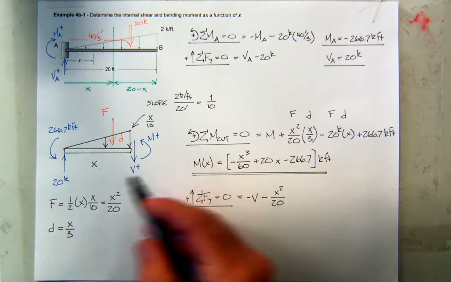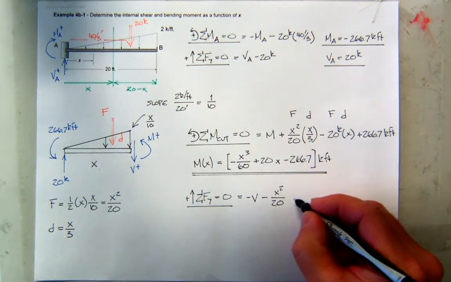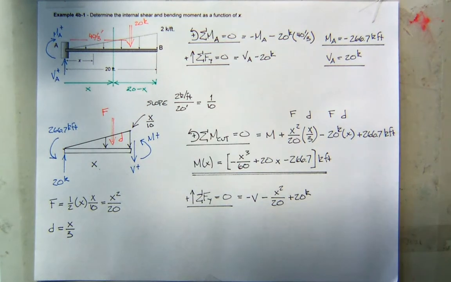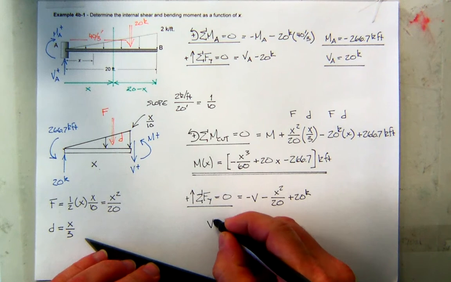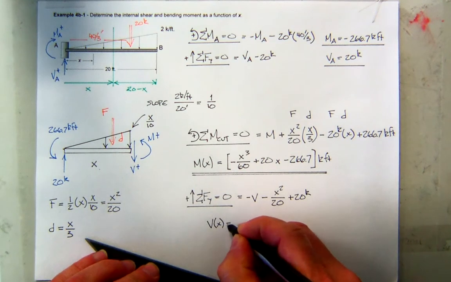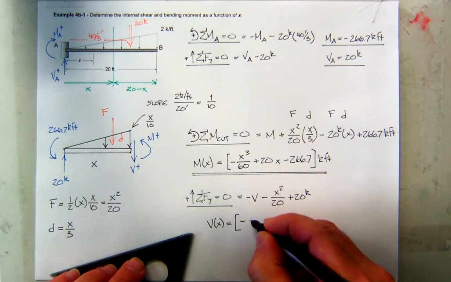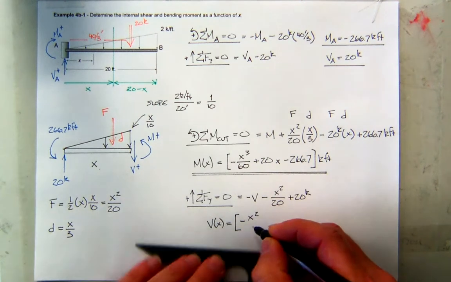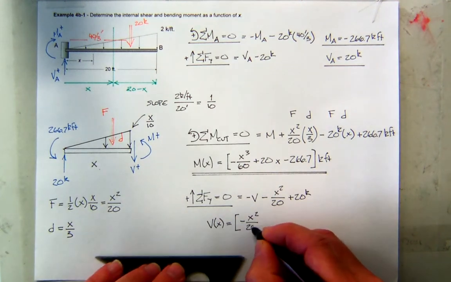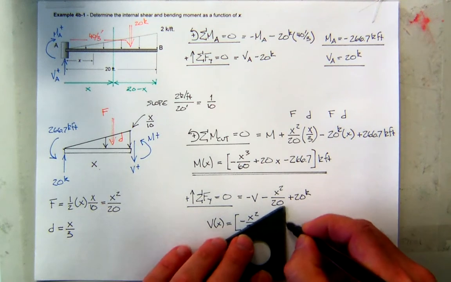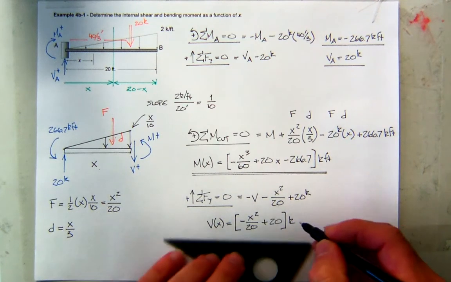And what else do I have? Oh, this 20 is up. Is that it? I think that's it. So I'm going to solve for shear. Now it will be a function of x. And when I solve for shear, I get negative x squared over 20 plus 20. And that'll have units of kips.